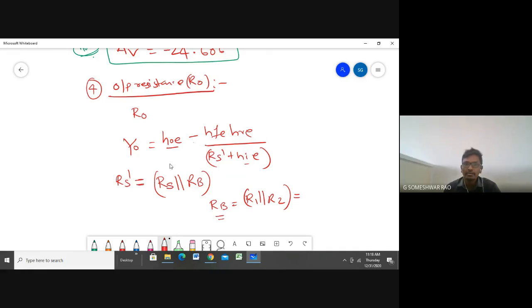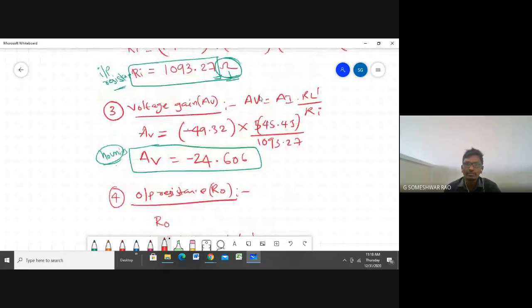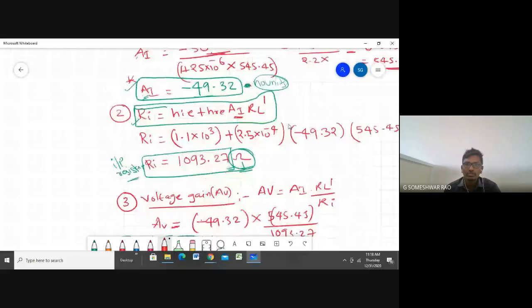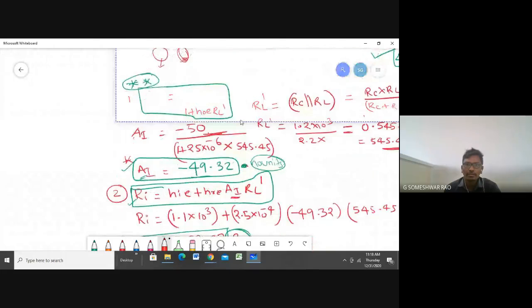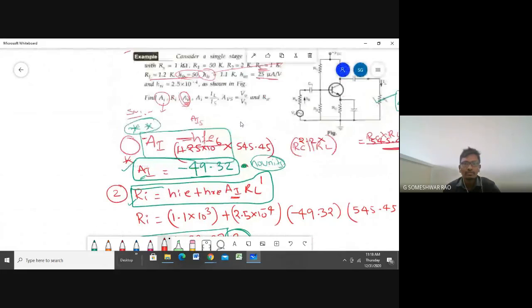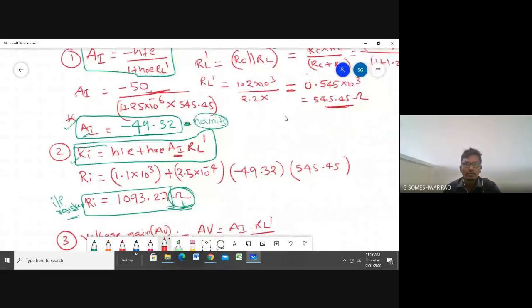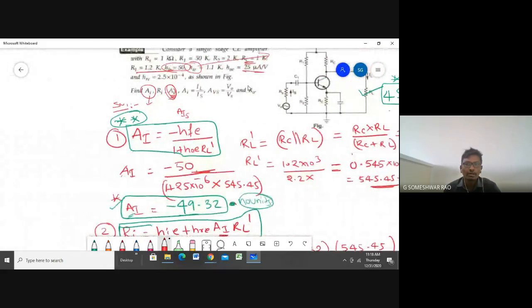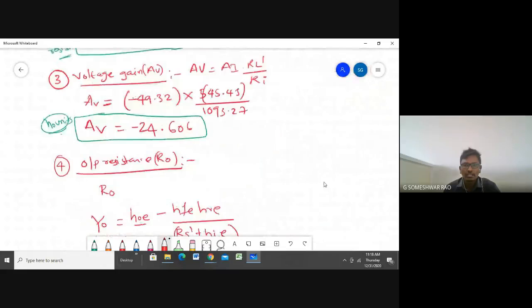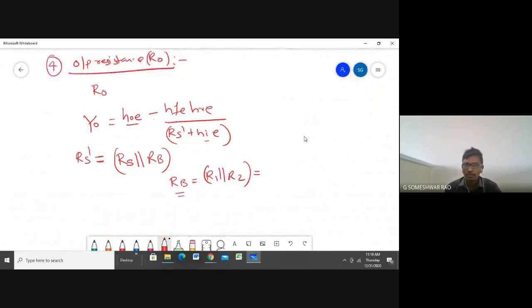What is the value of R1 and the value of R2 given in the question? You have copied the question, right? R1 is 50K, R2 is 2K. Calculate RB first: R1 into R2 by R1 plus R2.